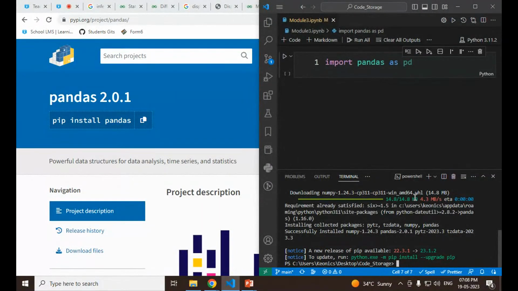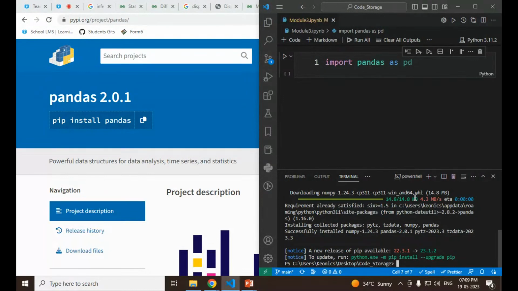It says the term is not recognized. That's what I'm saying: if pip is not installed, I will help. Matplotlib is not installed either, install that the same way with pip. Requirement already exists. Sorry.